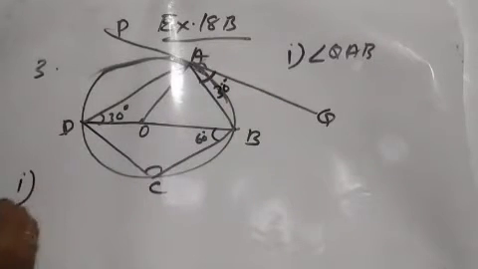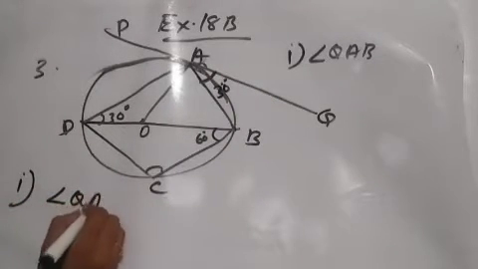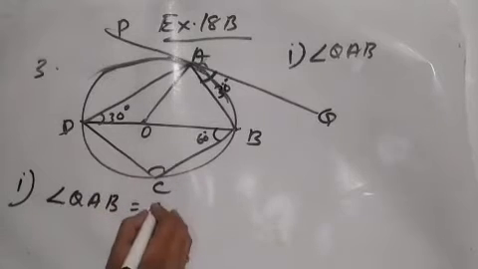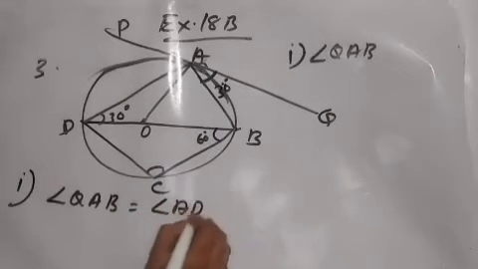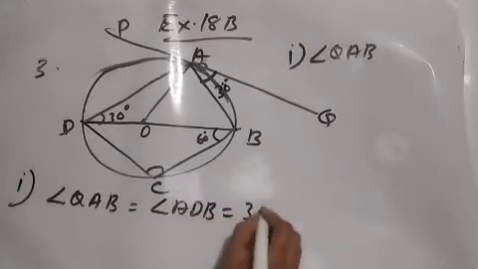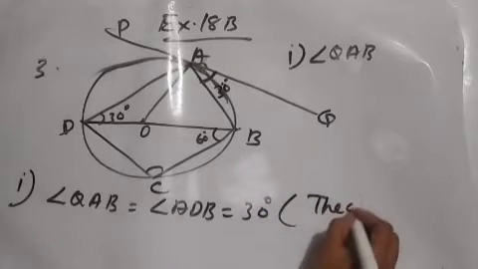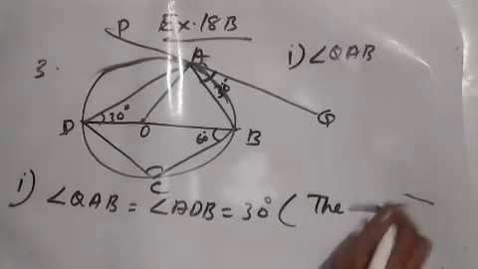First one is the theorem. Angle QAB is equal to angle ADB, 30 degree, by the theorem. Can you say the statement?